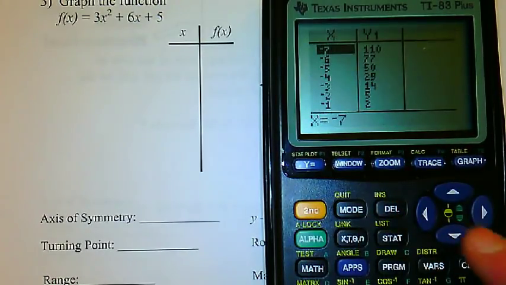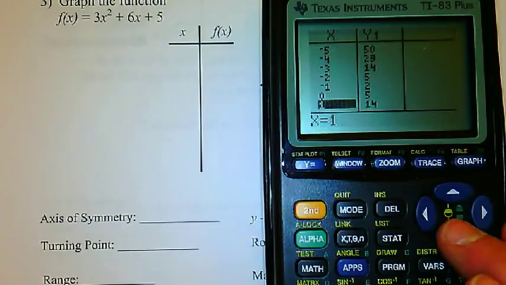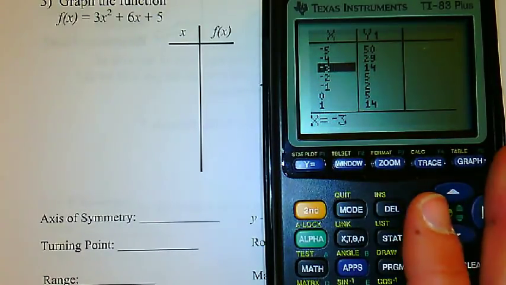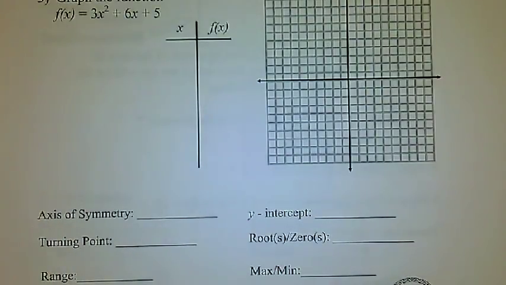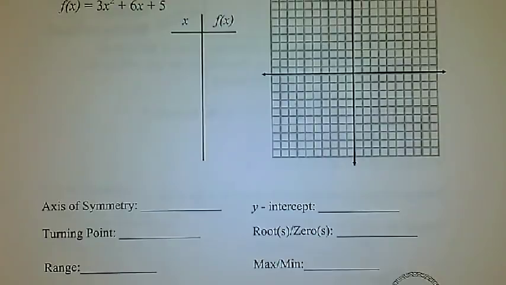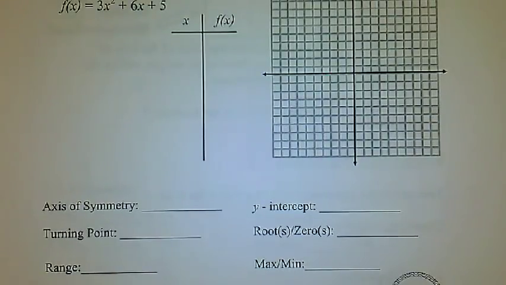The reason for this is if you get a short answer on the Regents that asks you to show your work, they don't want you to merely write down the answer using your calculator. They want you to show your work using the formula. Again, this is all to help you, I swear. All right, so go ahead and make your table.